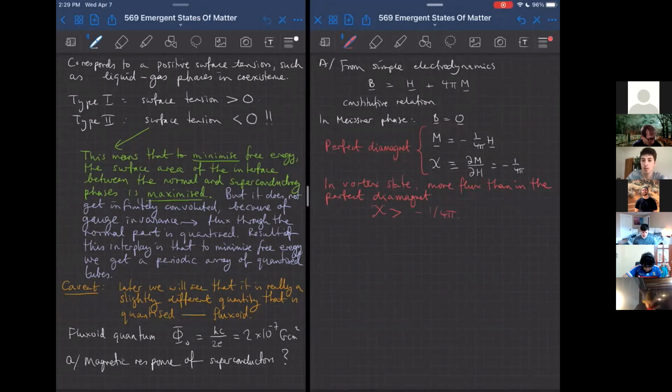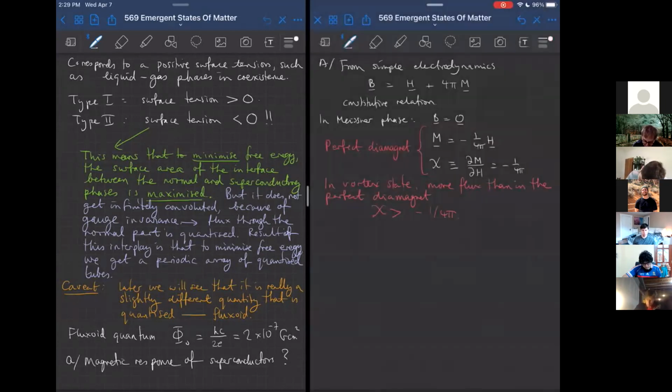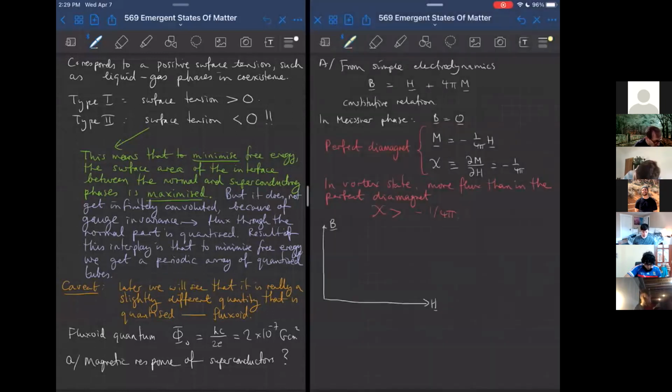So let's draw the magnetic response pictures like this. On the horizontal axis I'm going to draw H, and on the vertical axis the field that you actually measure, B. Let's get our axes marked off.